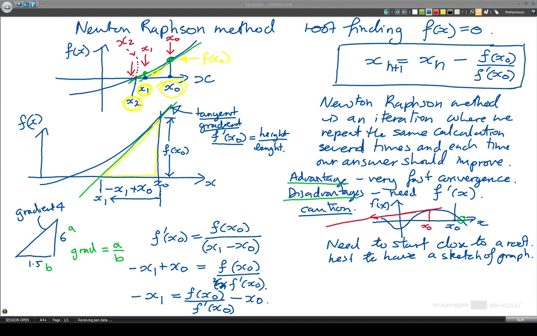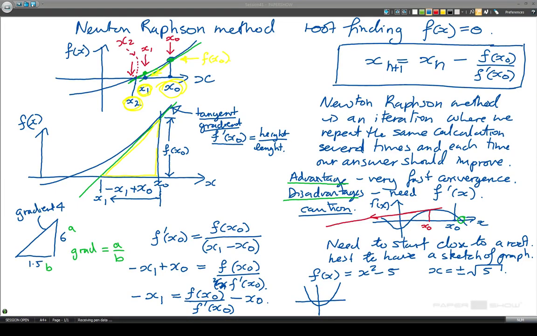Now there's not much space left on the page. I thought I might try finding the root of an equation, and if we take the example of f of x is equal to x squared minus 5, then clearly the roots of that equation are x is equal to plus or minus the square root of 5, and if we sketch the graph, then what it's going to look like is something like this.